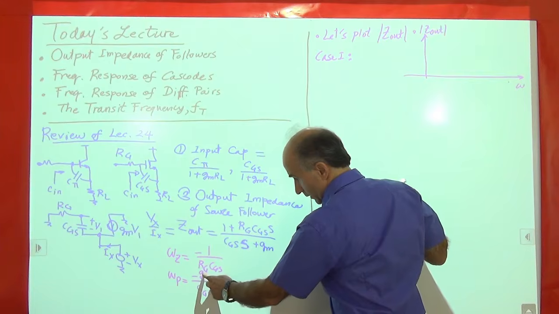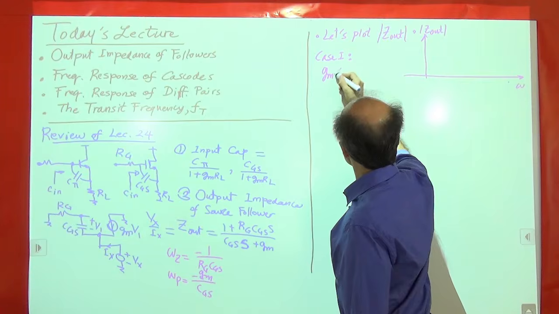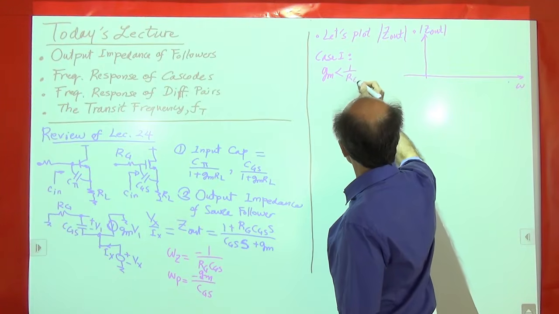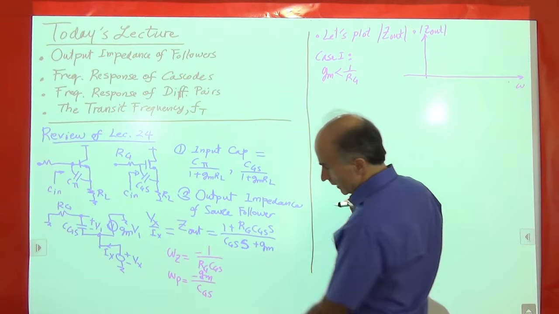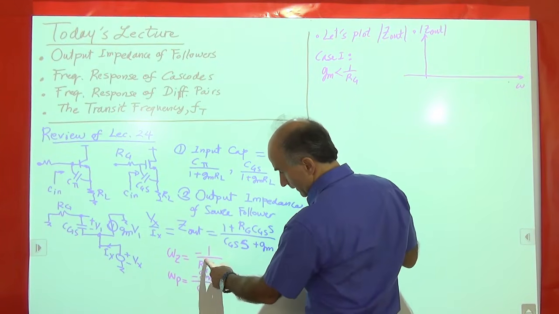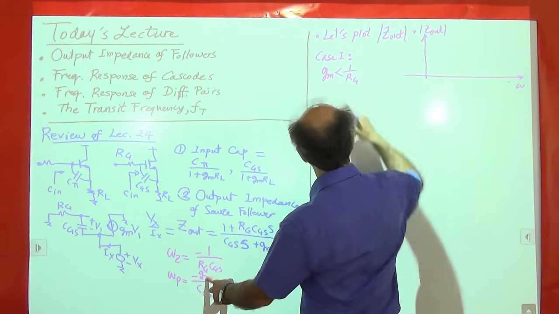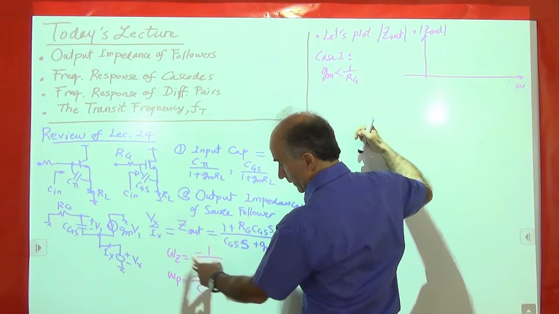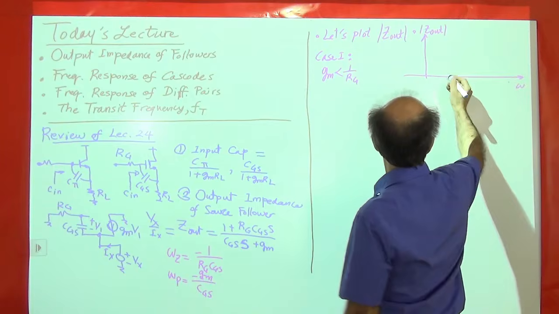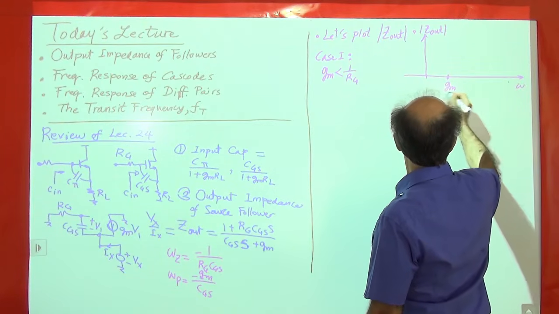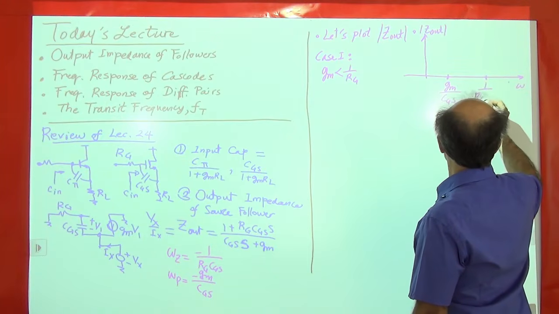Here we have Gm over CGS. So in case one, I'm assuming that Gm is less than 1 over Rg. That means the zero occurs at a higher frequency than the pole. The pole frequency is lower. So here's the pole frequency, Gm over CGS. Here's the zero frequency, 1 over Rg CGS.